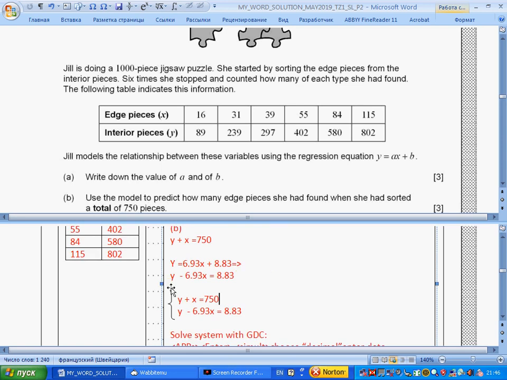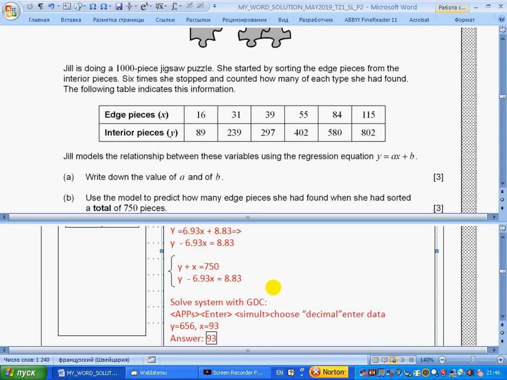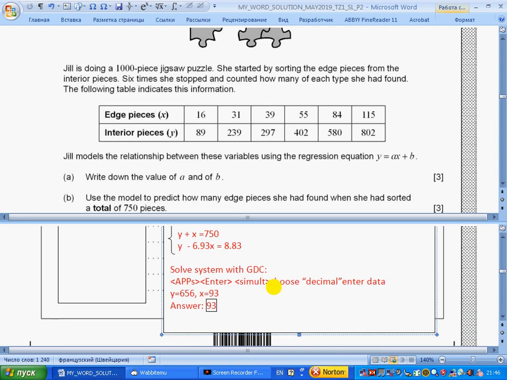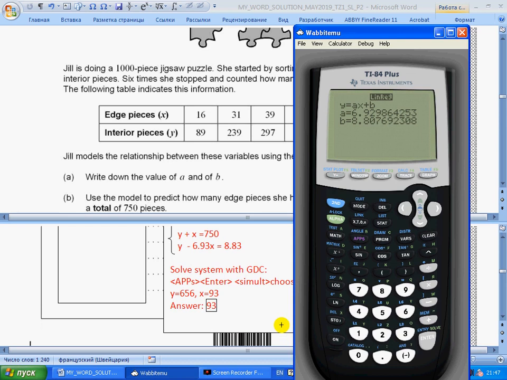We rewrite it for y, so we move 693 to the left with minus, and as a result we have system. Let's solve this system. How we're going to do it? Using applications.